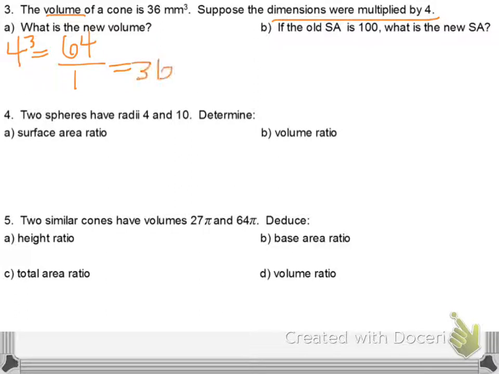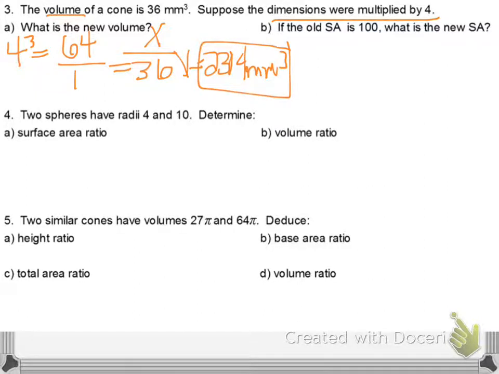So I'm going to put this 36 down here with the 1 because that's the small. I'm going to throw my x up top. And if you cross multiply here, you get x as being 2,304 millimeters cubed. I'm going to be really bad with putting units on this today, so just know that. Y'all's test doesn't have units on it anyway, so no big deal.